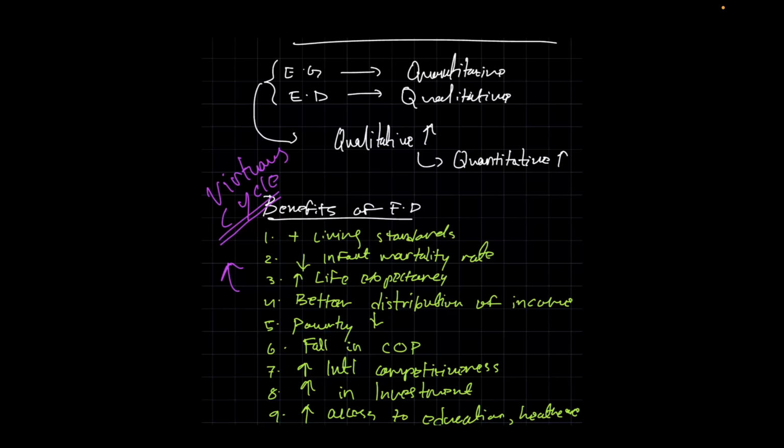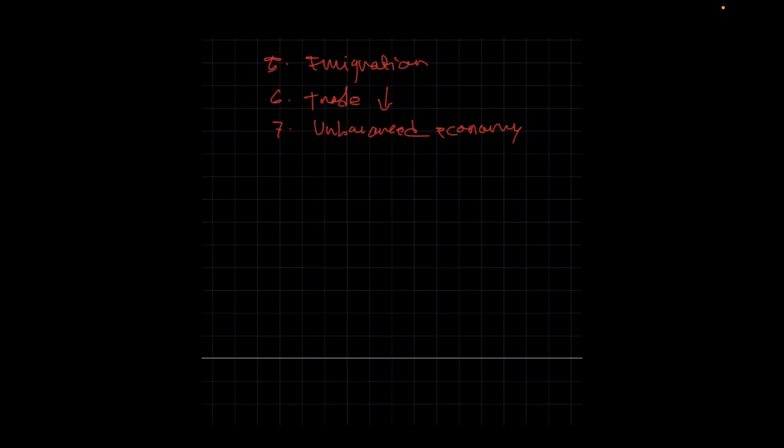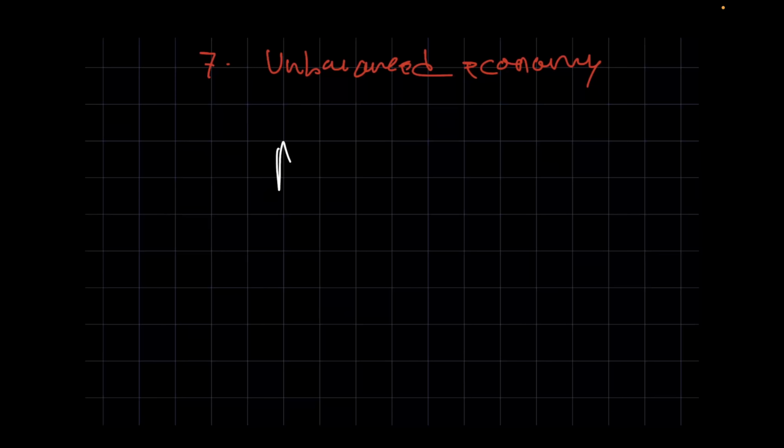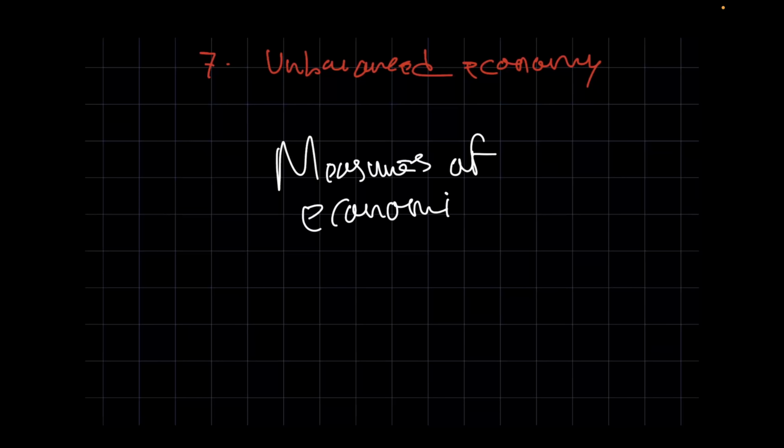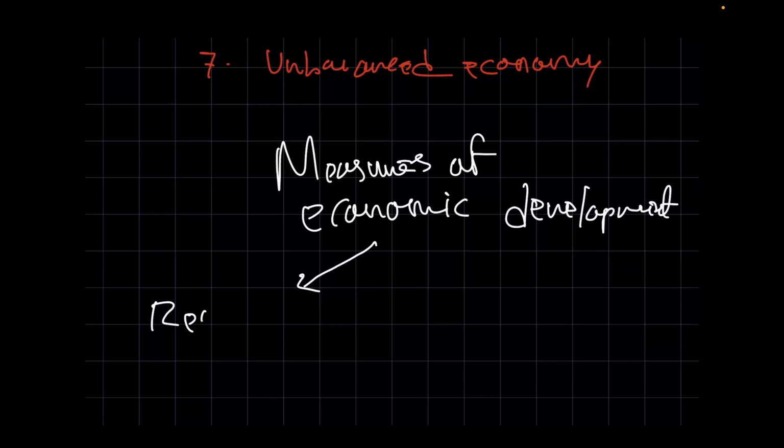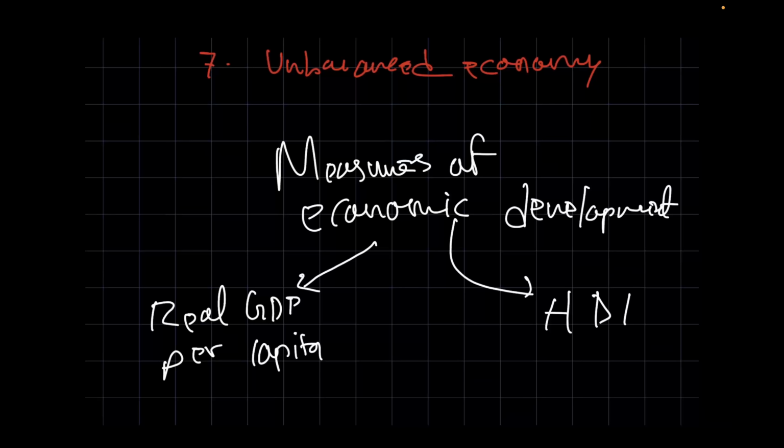Now let us look at some measures of economic development. There's two main ones. Number one, you have your real GDP per capita, and number two, you have something called the HDI, the Human Development Index.